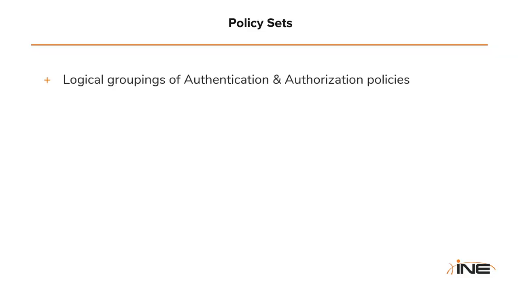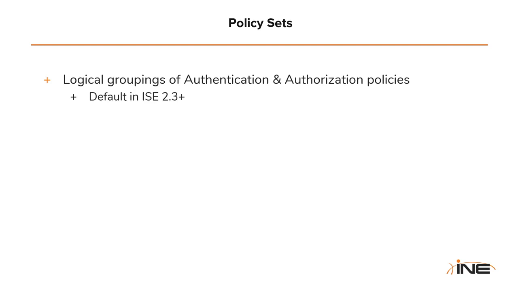Another thing I want to take a look at in this session is policy sets, which is what allows you to group authentication and authorization policies into separate entities. And this is what is by default enabled in ISE 2.3 and above. If this was older versions of ISE, this was optional.